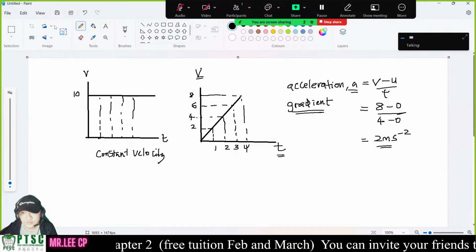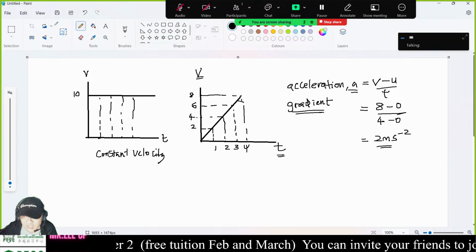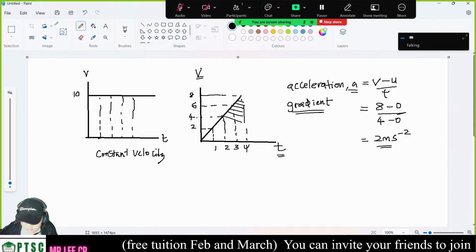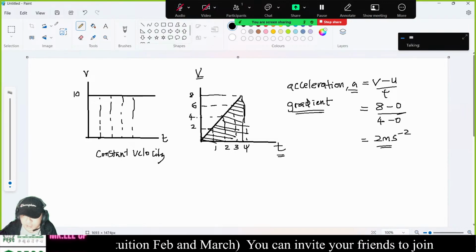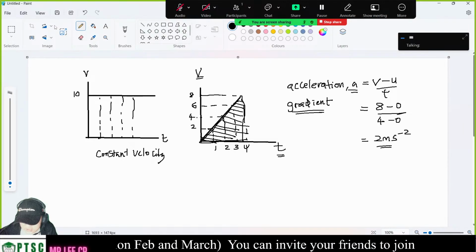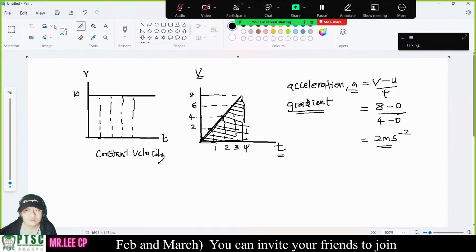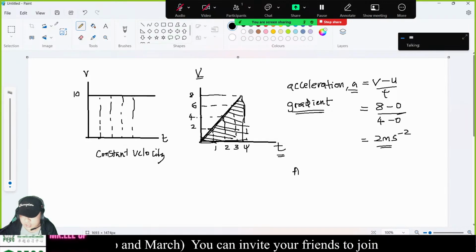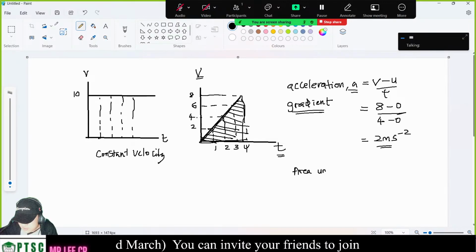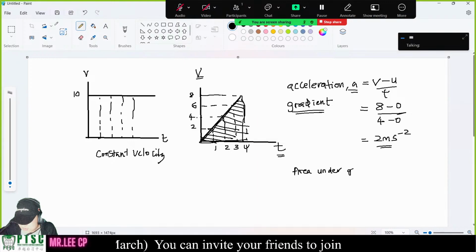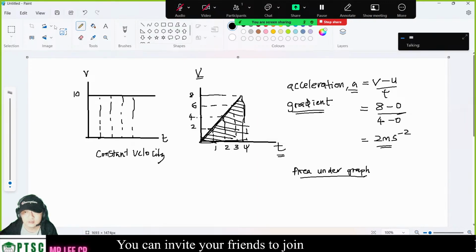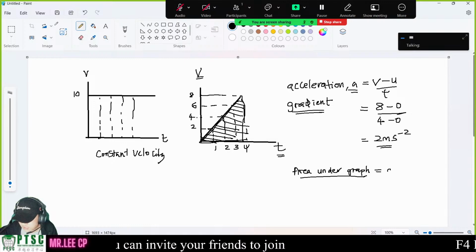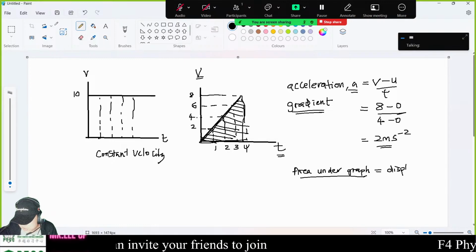Now, the next one is the area under the graph here. If you find the area here, it is how far you move. Area under the graph is your displacement, the distance that you move.